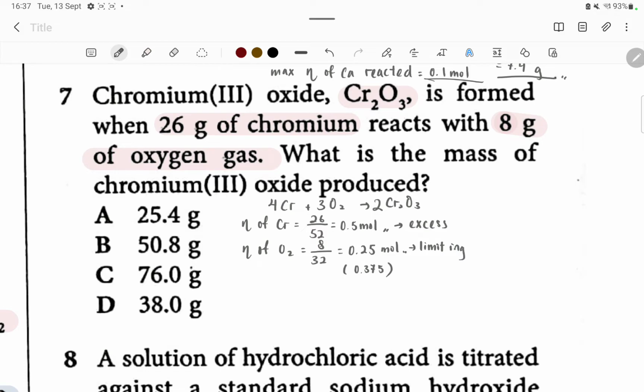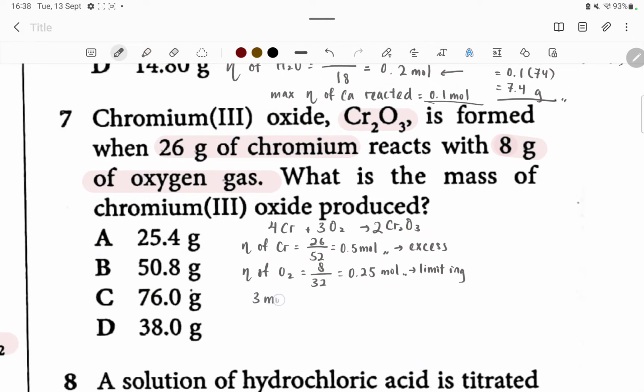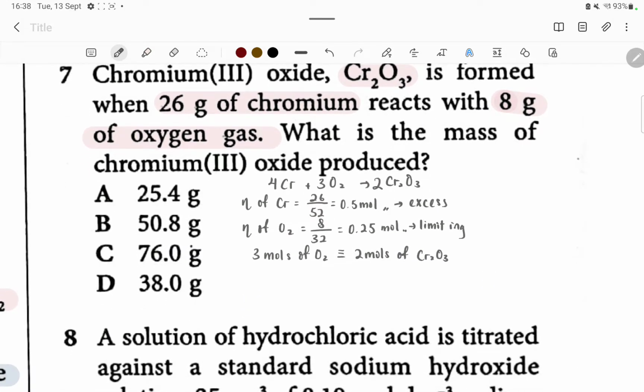And then we use the mole ratio. So 3 moles of O2 will form 2 moles of Cr2O3. So 0.25 mole of O2 will form here how many moles?